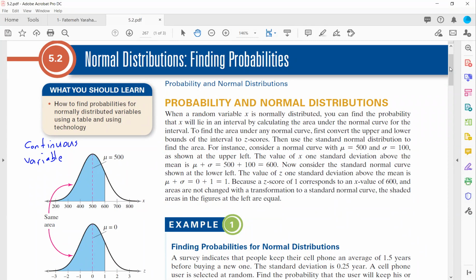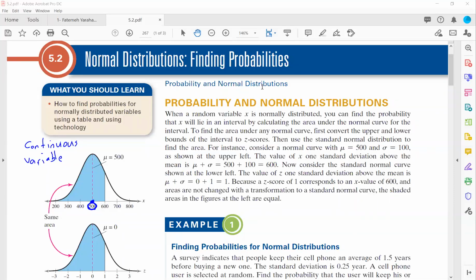We learned that if we have a normal distribution, mean, mode, median, all of them are the same and they are a number on the horizontal line with the highest frequency. So the center is the same. It's either the mean, the mode, or median.